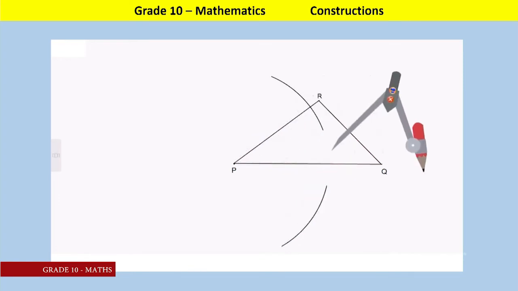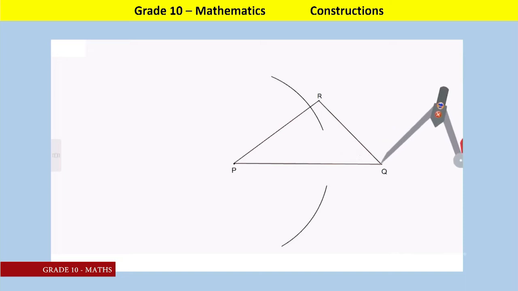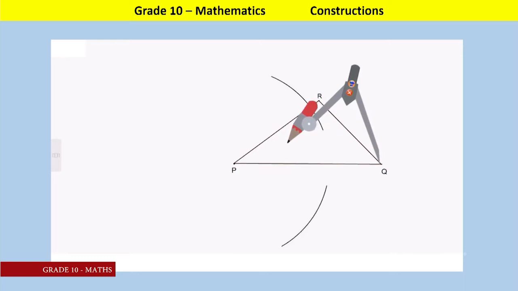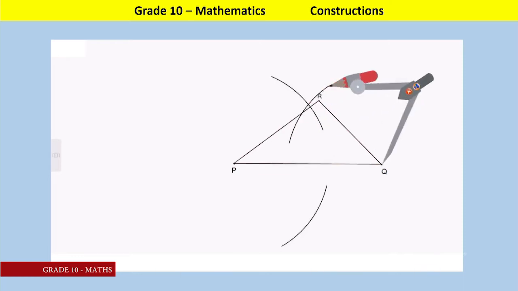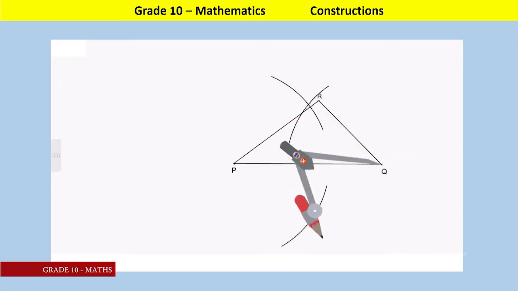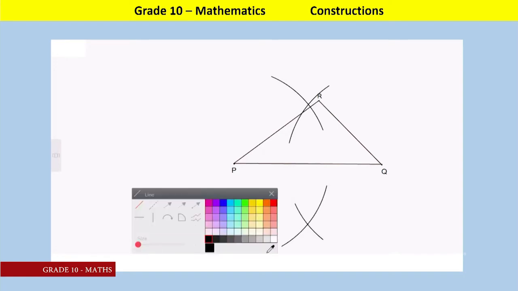So first I will select the PQ line. The lamp post is equidistant to house P as well as house Q. Just as earlier, you can construct 2 arcs intersecting at 2 points.